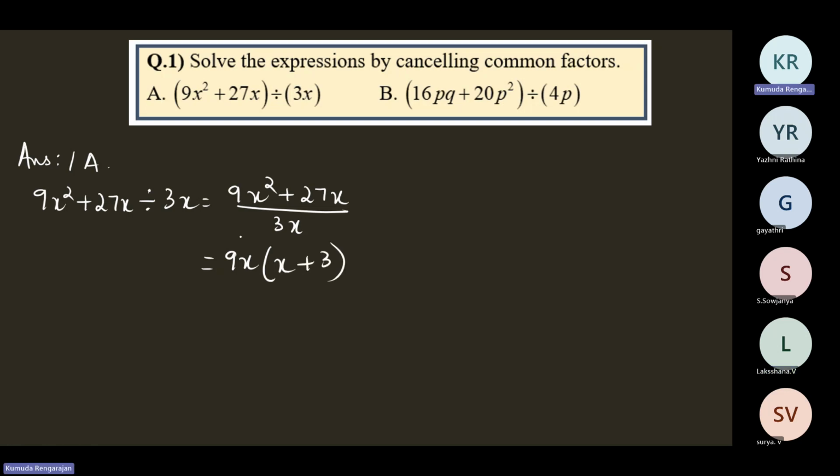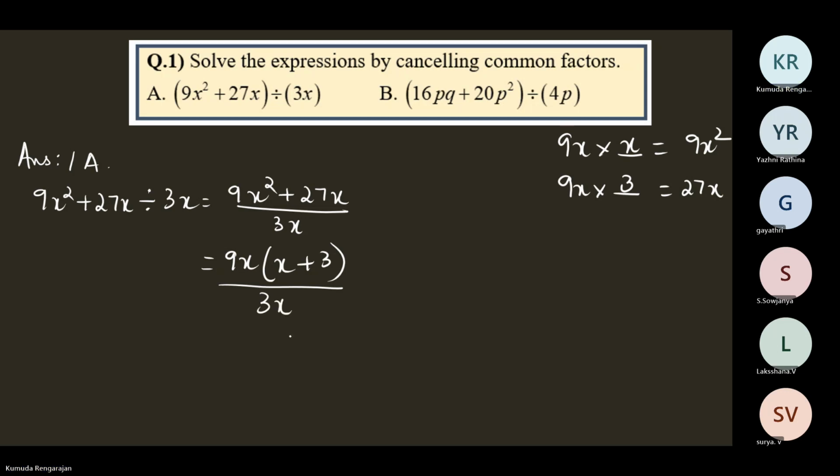Because 9x into x gives us the first term, 9x squared, and 9x into 3 gives us the second term, 27x. Divided by 3x. So x cancels, 3 ones are 3, 3 threes are 9. So 3 into x plus 3. Take down.